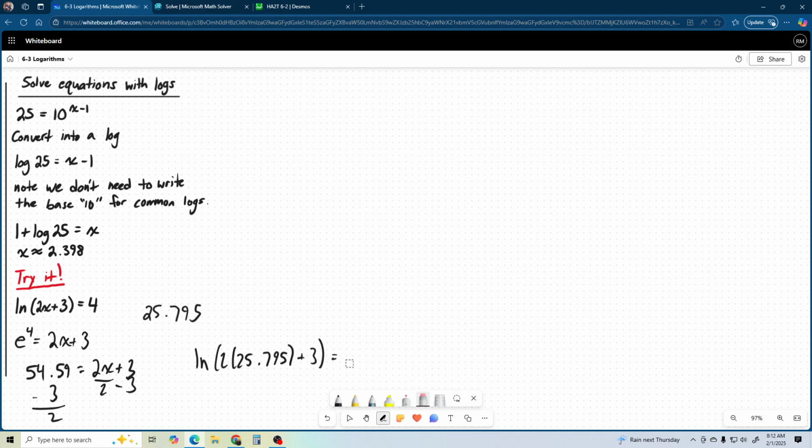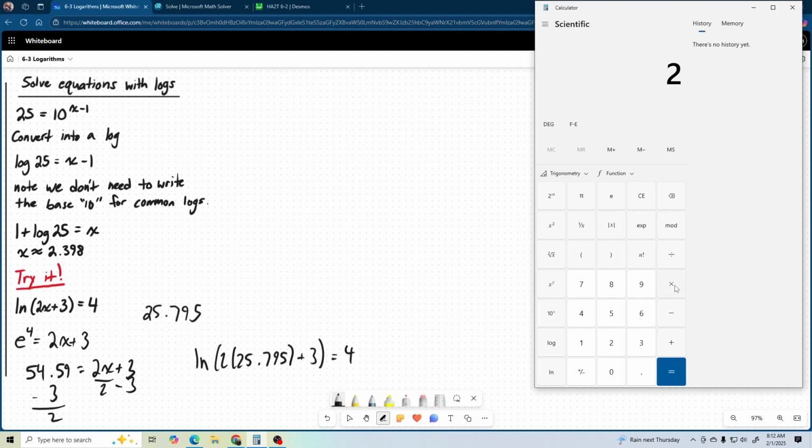So, I mean, we're going to probably get a rounded number, right? Because this is approximate, but let's do this. So let's do 2 times 25.795. That'll give us 51. Oh yeah, it's going to give us the 54. Brain isn't completely on point today.